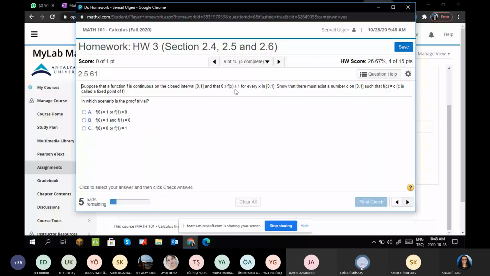These are f of a and f of b in the theorem. It says there must exist a c between 0 and 1 such that f of c is a fixed point. This is actually a fixed point theorem, the one that you're seeing now.